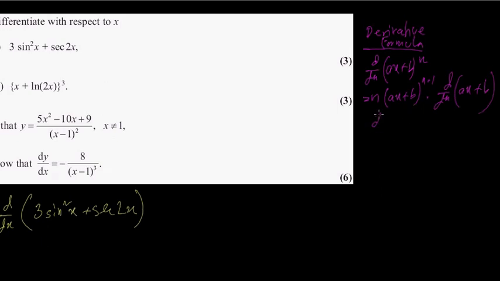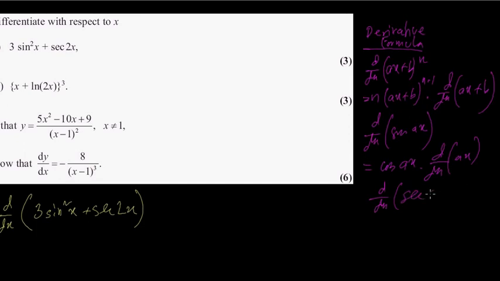Then we need to know d by dx of sine theta, let me call it x, which would be cosine theta into the chain rule d by dx of x, and then d by dx of sec theta, which is sec theta tan theta, and the chain rule. You don't have to do the chain rule for two angles, you have to do the chain rule for one angle x. So these are the three rules that we need to know for doing this particular sum.